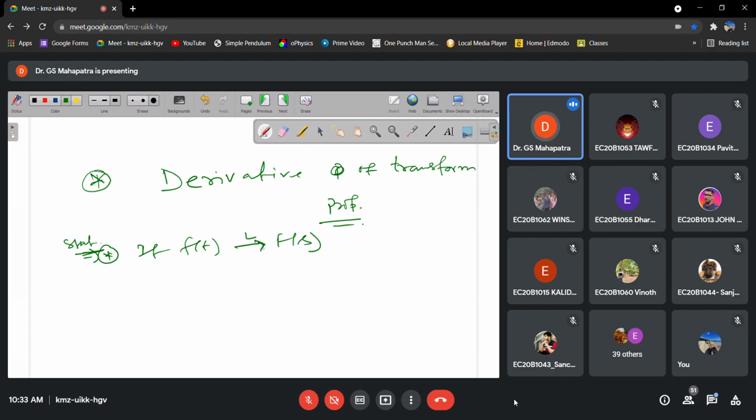Sometimes you can write it like that also: the Laplace transform of f of t equals capital F of s. Then, this part is given. Now, what is the conclusion? Then the function.